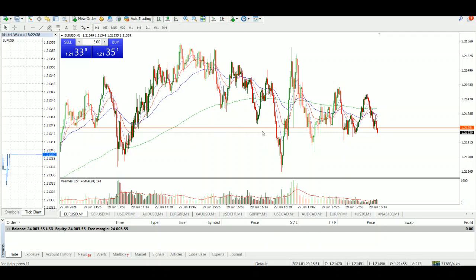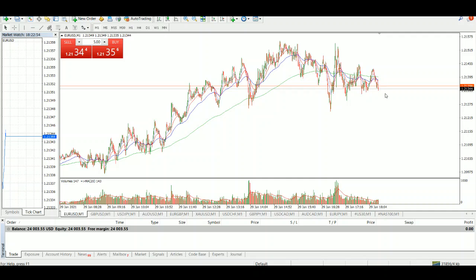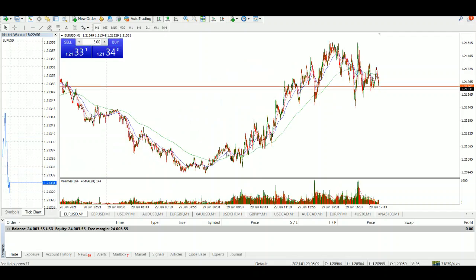For example, here I have opened the euro dollar. As you can see, the euro dollar for this day has already made an uptrend and also a downtrend. The market can, of course, start trending from here, but it has already made two trends.